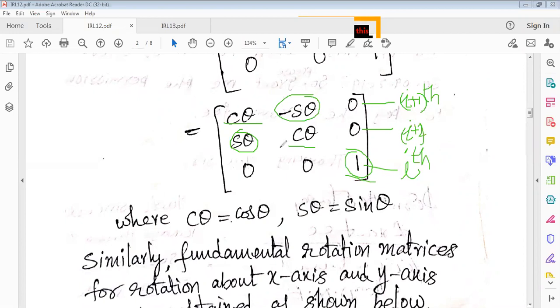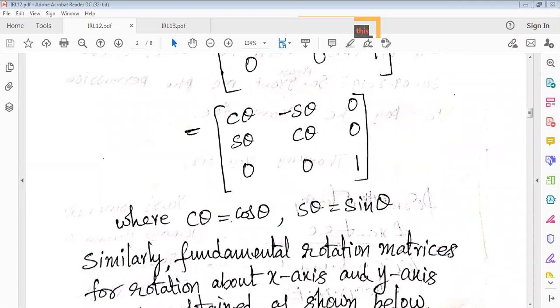So in this way, we are writing the fundamental rotation matrices. Fundamentally, it is an easy way. If you are comfortable with this pattern of writing rotation matrices, it is the easy way to write them.